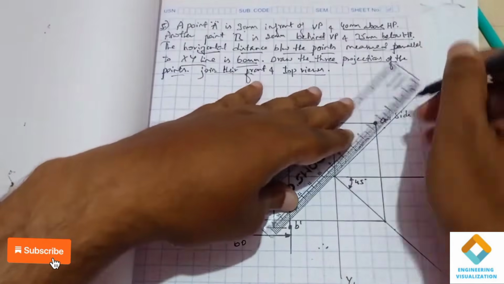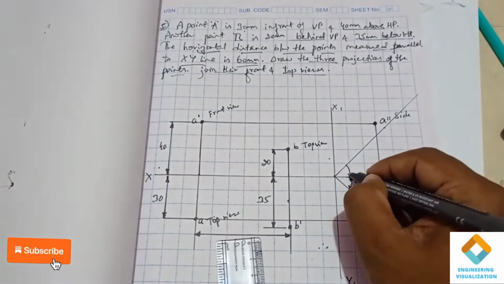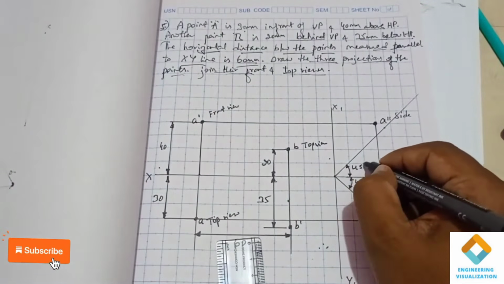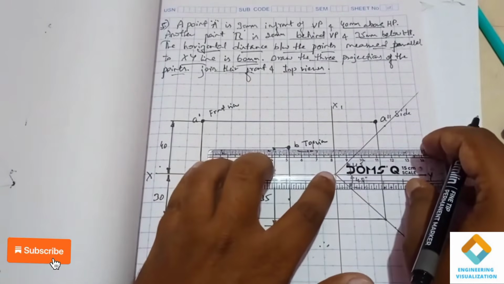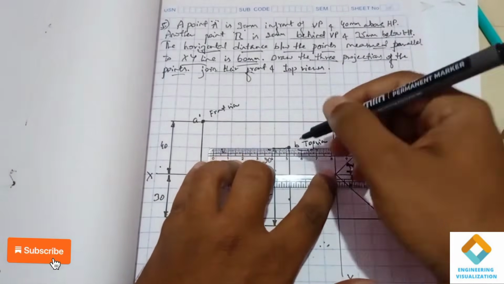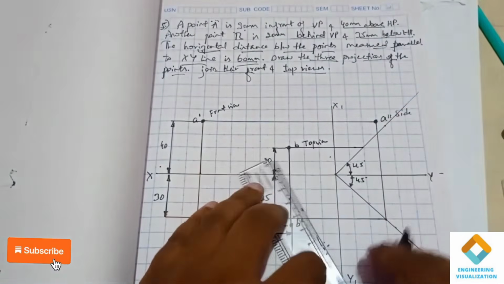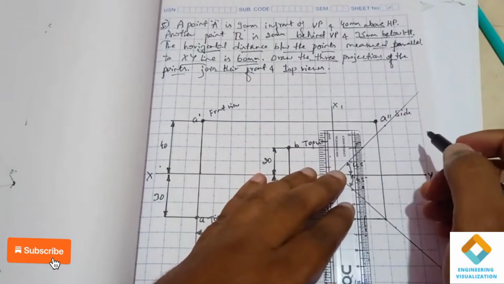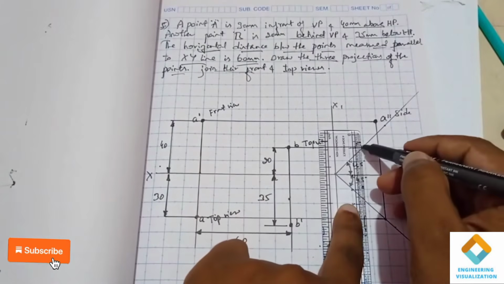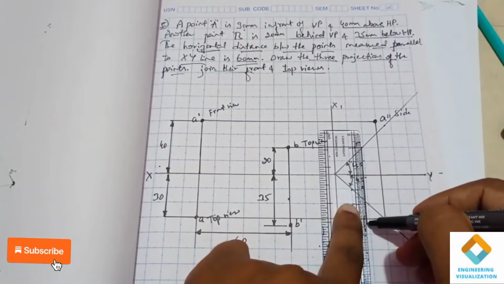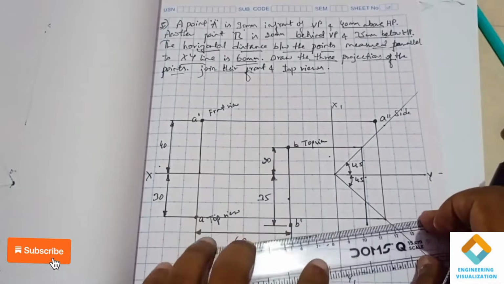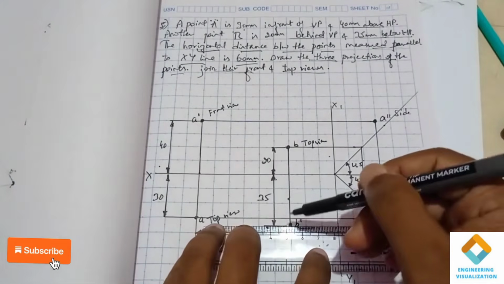You can mention this angle here, it is 45 degrees. Now, remember, from this top view we have to draw the projection line till it touches the 45-degree angle line and then project it downward till the B dash end. Till here, and then project it from here also.